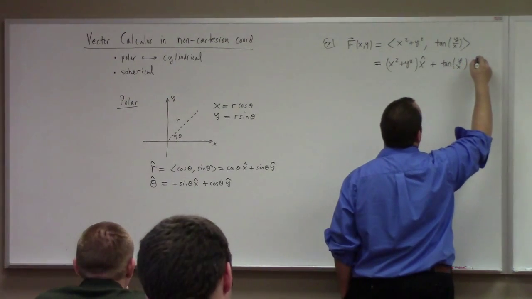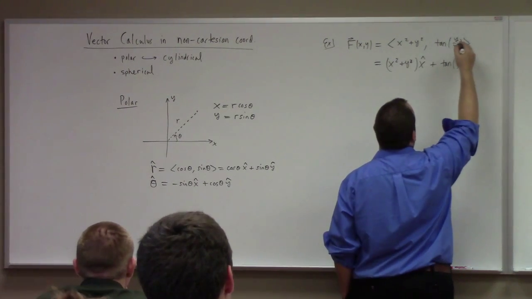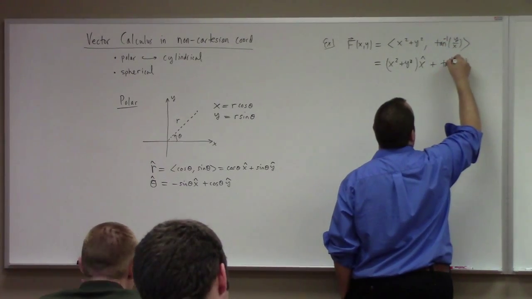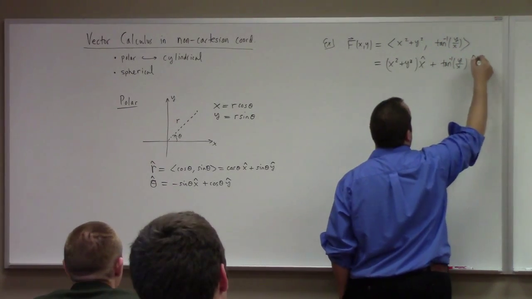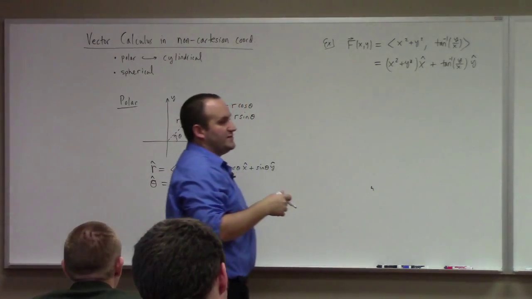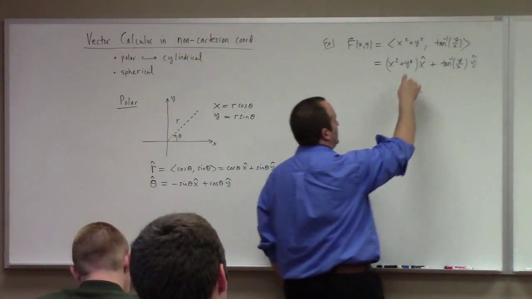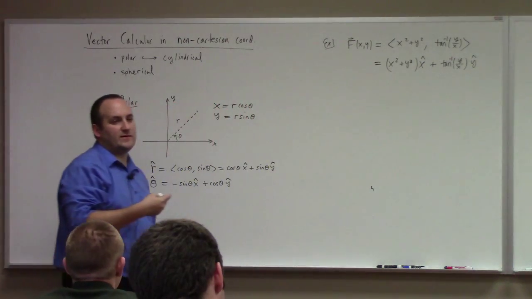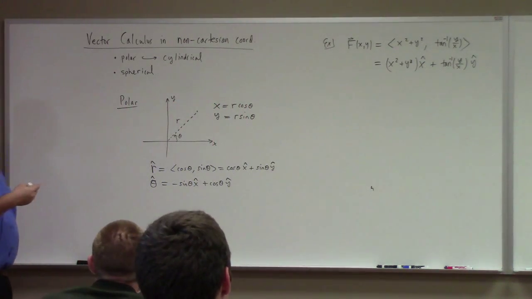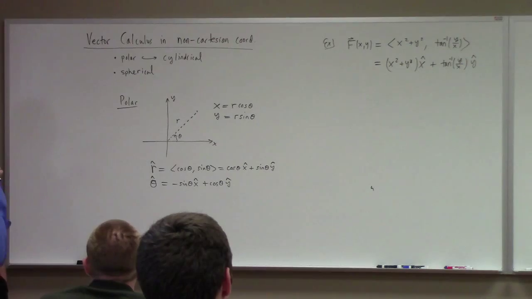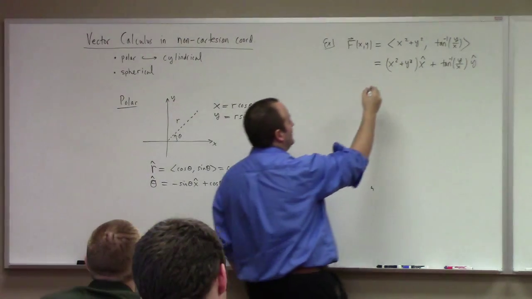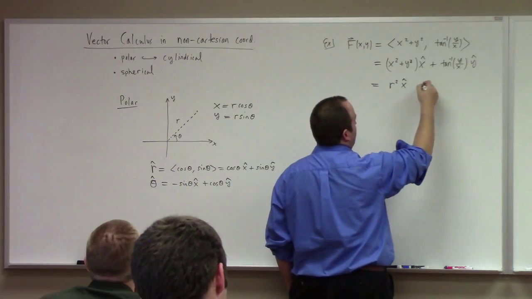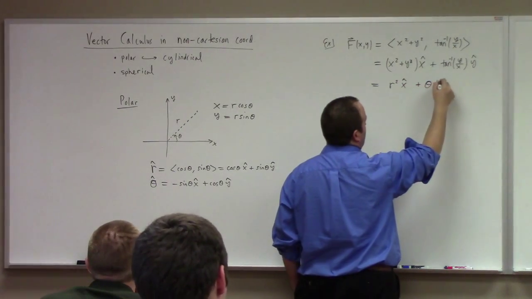Oh, I'm sorry. I say tangent. I meant tangent inverse. I'm not being lazy enough yet. y hat. Everybody with me so far? So here's a vector field. I've written it in terms of Cartesian coordinates. How do you rewrite that in terms of polar coordinates? Great. So you're like, well, that's obviously r squared x hat, and this is theta y hat.